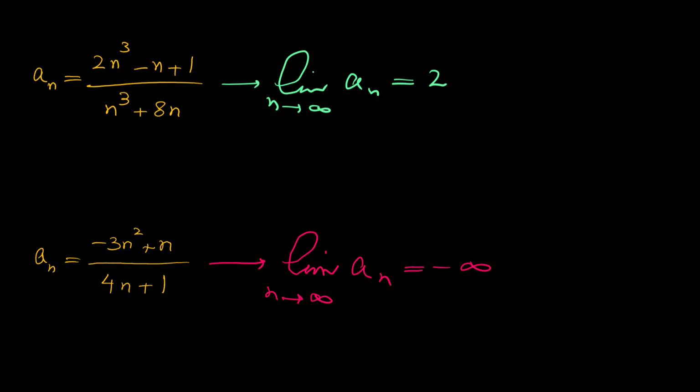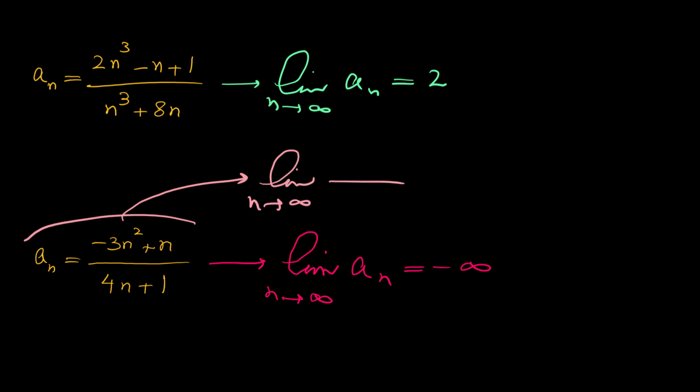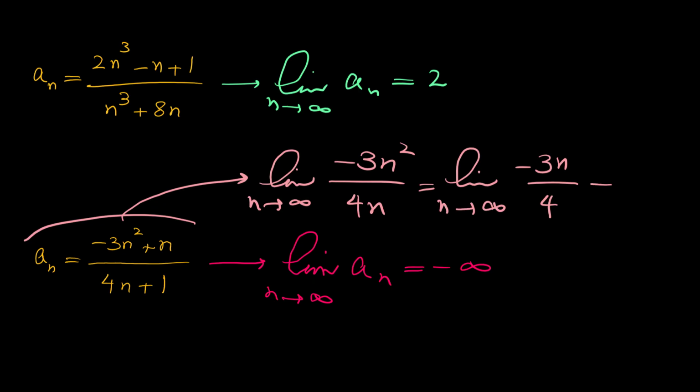Let me show you how it works for this question. Suppose we want to find the limit of this sequence with the first method. In the first method, if you remember, we just keep the dominant terms, the terms with the highest degree. So this over this. Simplify this a little. n to the 2 with n cancels and we have negative 3n over 4 as n approaches infinity.